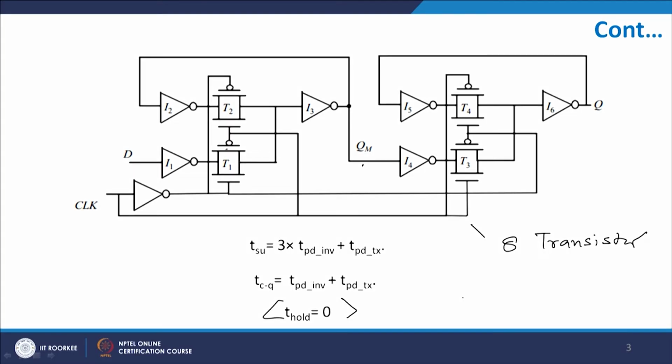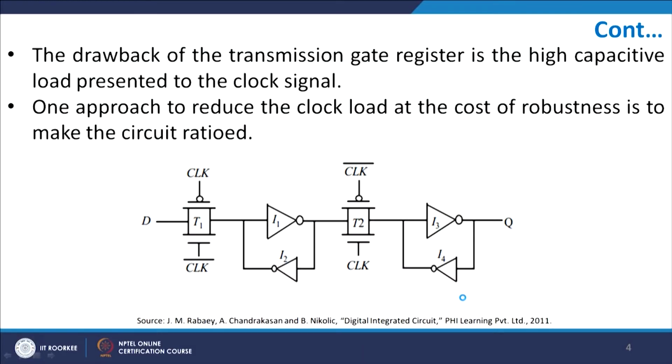But please understand, this is just a single master slave configuration. So, you can have n number of such configurations. So, n into 8 will be the total number of transistors which the clock has to drive, right, which is quite a large quantity if you appreciate it carefully, which means that the clock load becomes very high for such a configuration, because you are using a TG configuration there, and therefore the capacitance is also very high, because you are driving a larger number of gates.